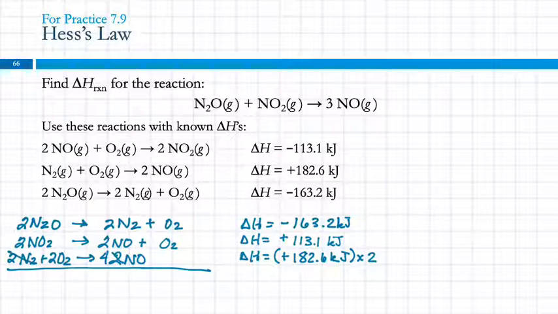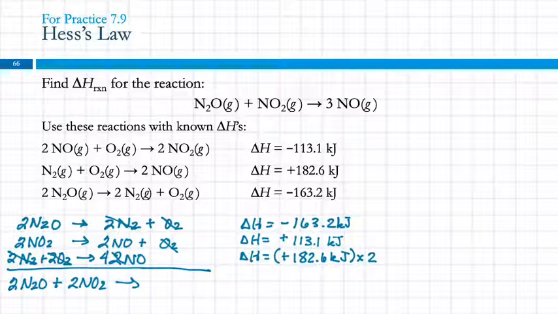Now the N2 on the left and the N2 on the right cancel out. And here I have 2 oxygens and 2 oxygens, and those cancel out. I'm not seeing anything else that cancels out, so I'm going to write stuff down here. Got 2N2O plus 2NO2 making, I've got NO all over the place here. So 2 NO's and 4 NO's make 6 NO's.